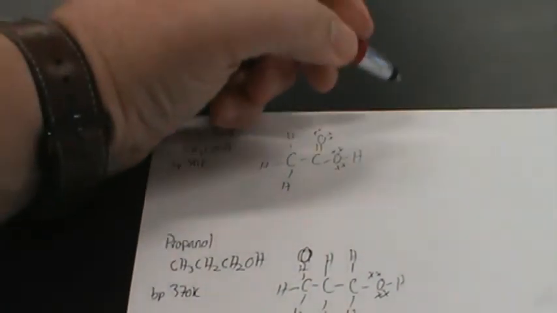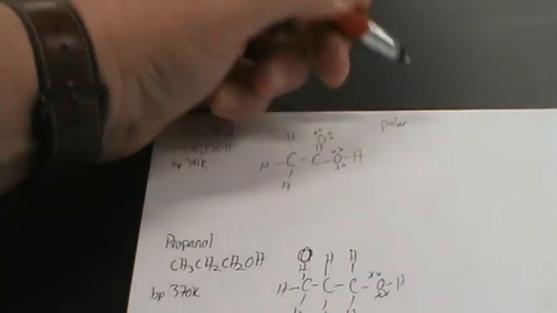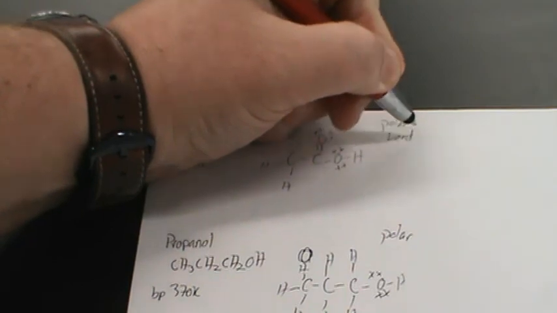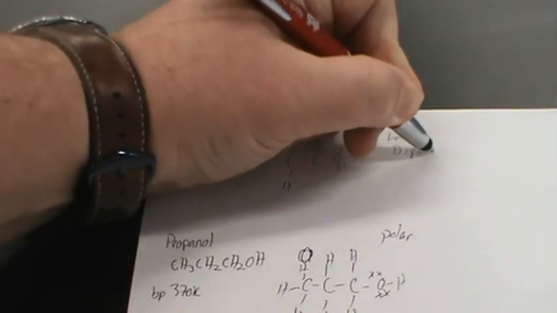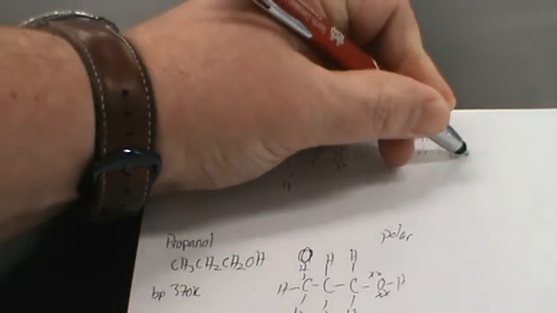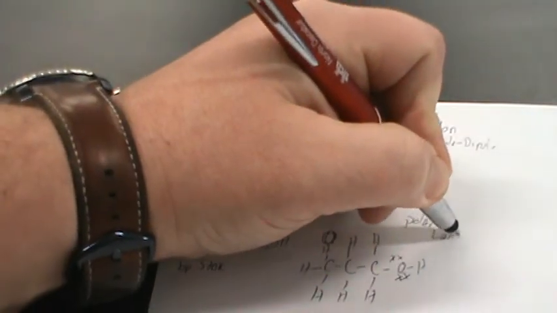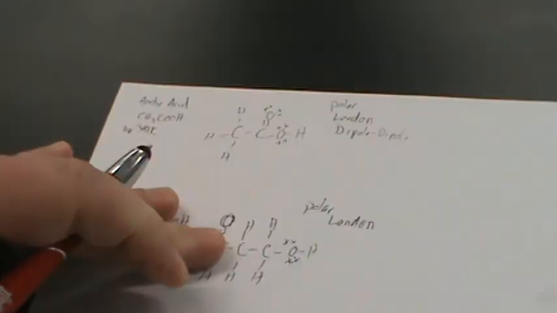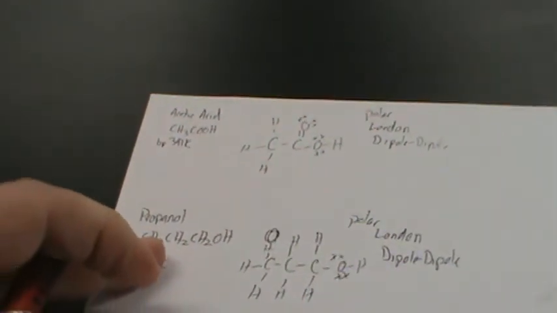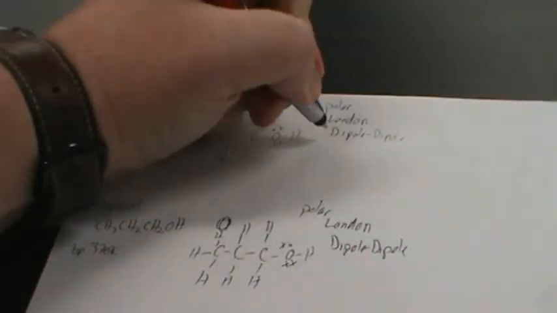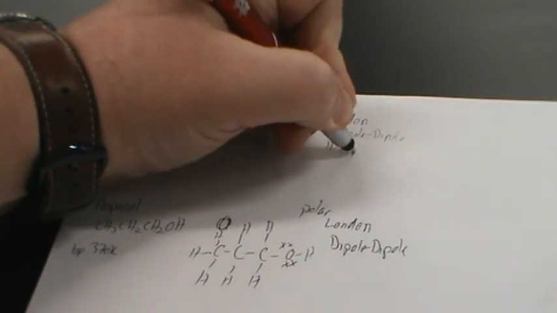Okay, well, they're both polar, as I said. So the IMFs will have London, dipole for both of them. And they're both going to have hydrogen bonding.